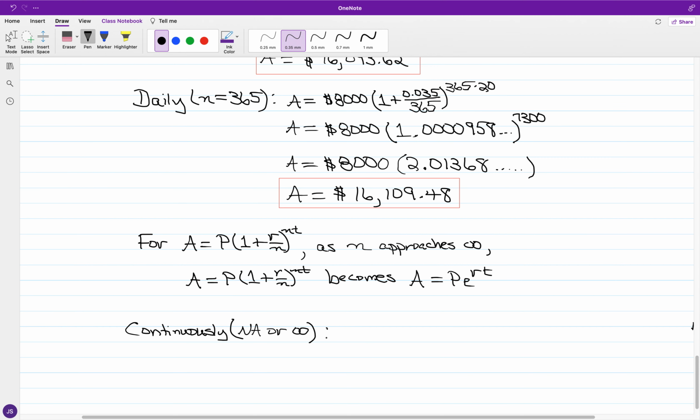And so for the balance, you can say A is equal to P times E raised to the R times T power. So P we have at $8,000, times E, and the rate we have at 0.035, and the time span we have for 20 years.